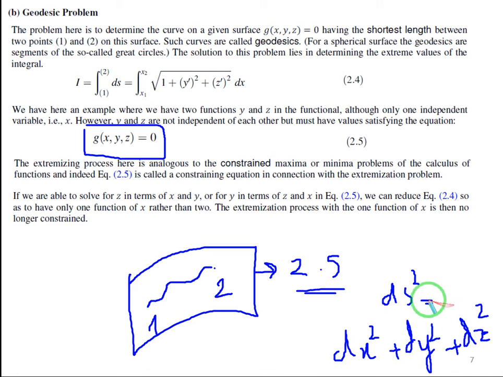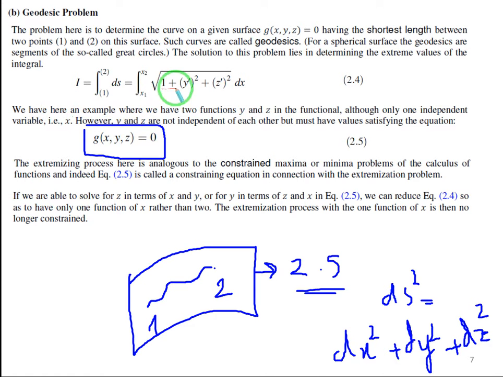If we calculate the root of this equation, we have equation 2.4, and this is our next famous problem we usually have in calculus.